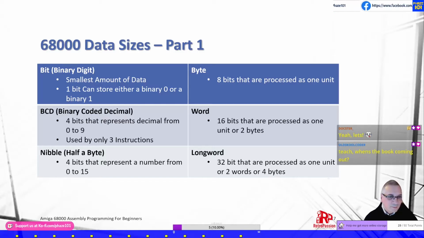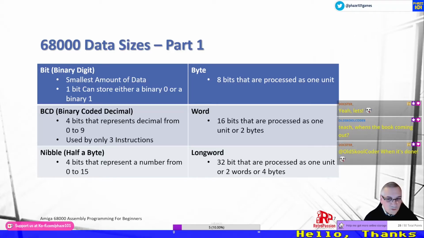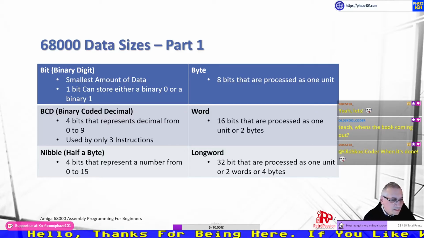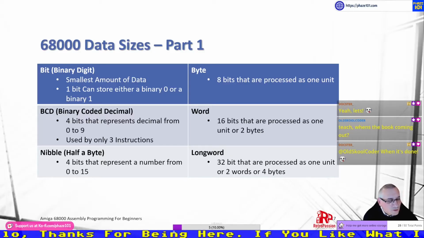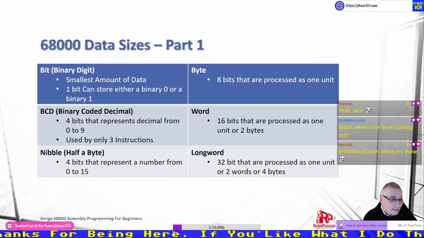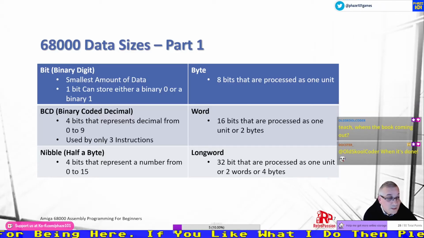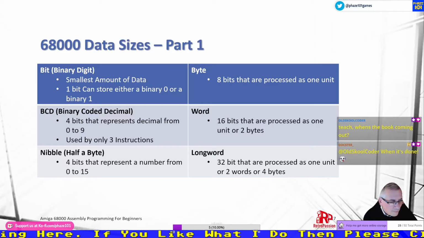And it can either be a 1 or a 0, basically. It also has, like the 6502, binary coded decimal, which uses 4 bits, and it can give us from 0 to 9. This binary coded decimal, you rarely use it. And bit is when you are testing. The 6502 doesn't have bit testing, but the 68,000 has a lot.